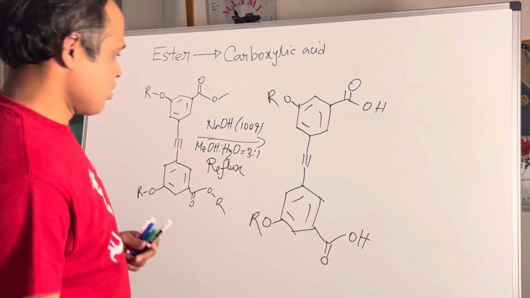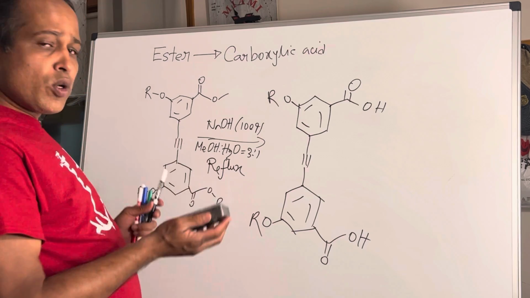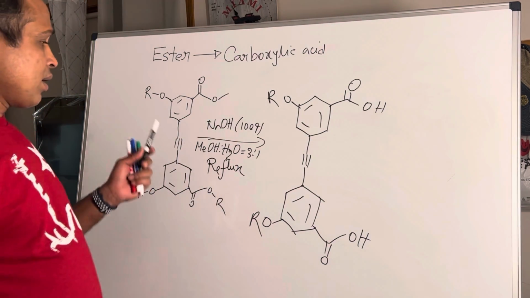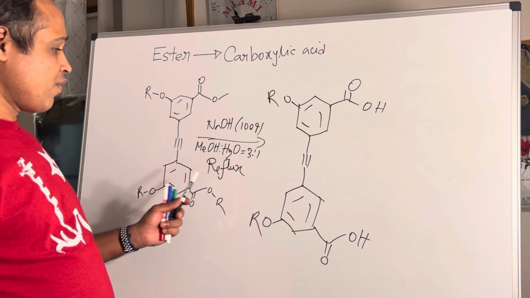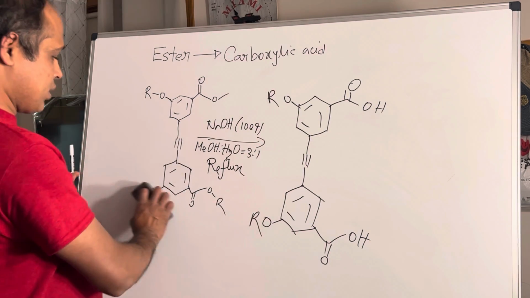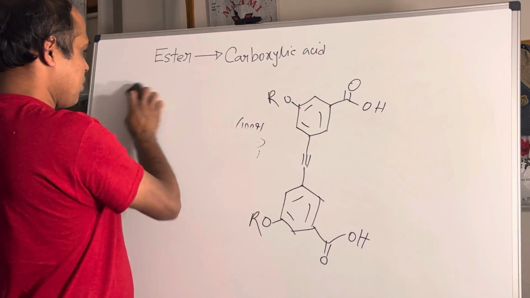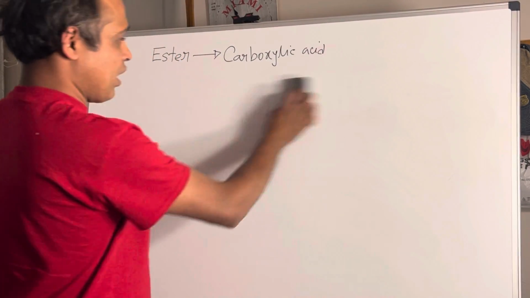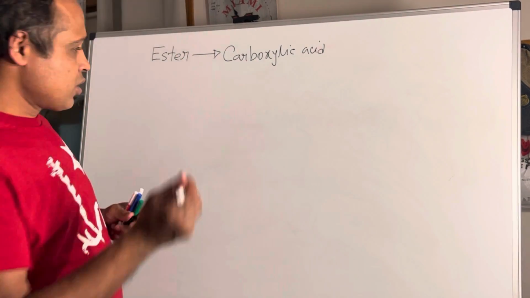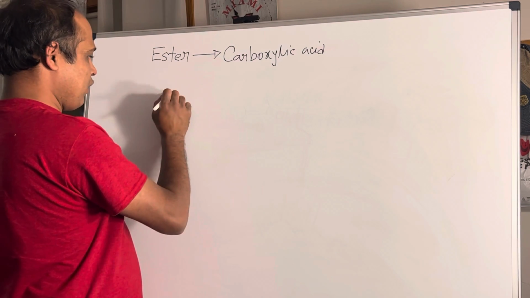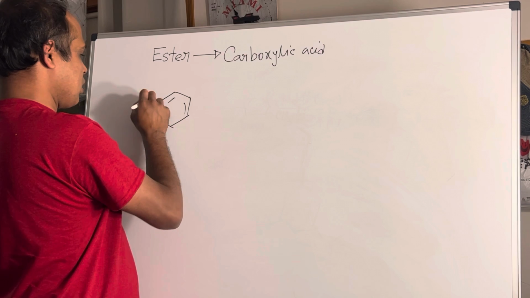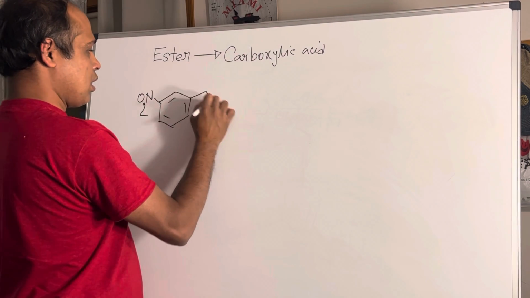There are many other reactions I can show. In many cases you can simply use this reaction: sodium hydroxide, methanol, water 3:1, do the reflux, and you'll get this product. But sometimes there is some functional group present in the compound, then you have to be a little bit careful. Suppose I have a compound with a nitro group and an ester group.